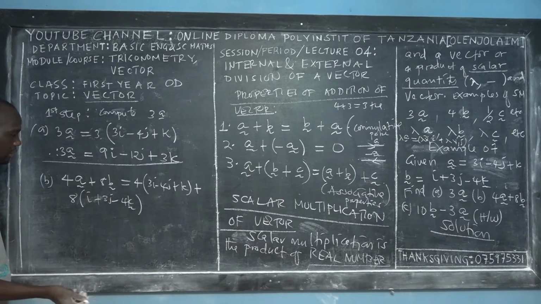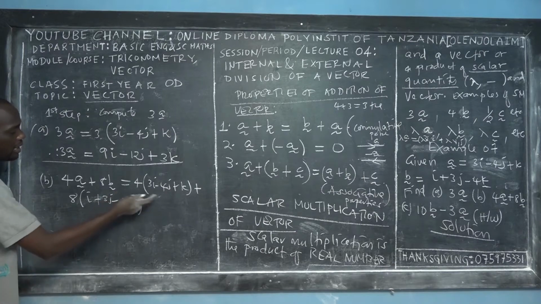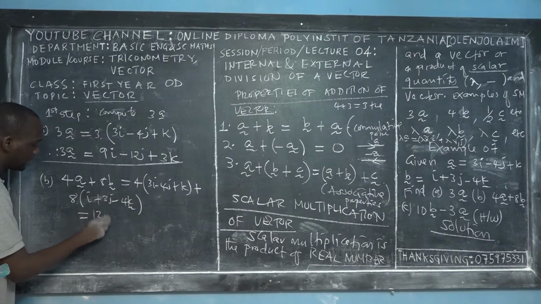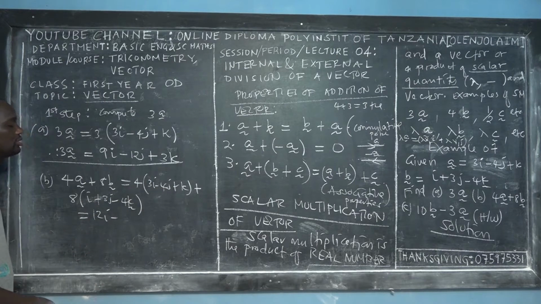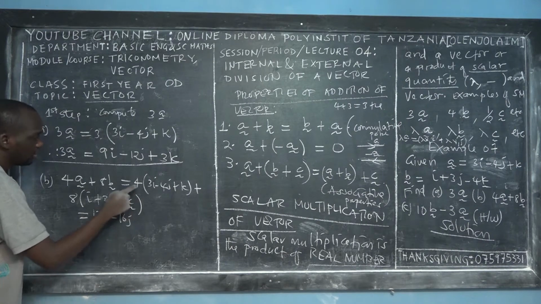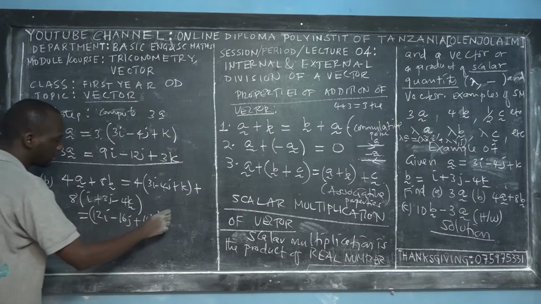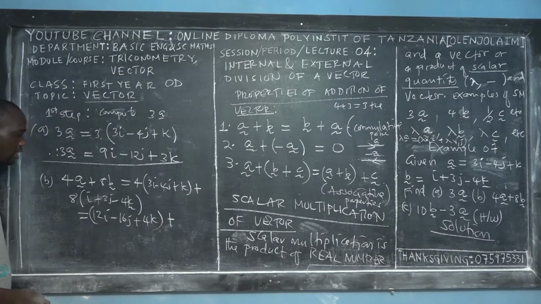Then simply it's just multiplication. You open the bracket and multiply each scalar quantity with the respective component. 4 times 3 is 12i. 4 times 4 is 16j. 4 times k is 4k. This is the result of the first scalar multiplication.